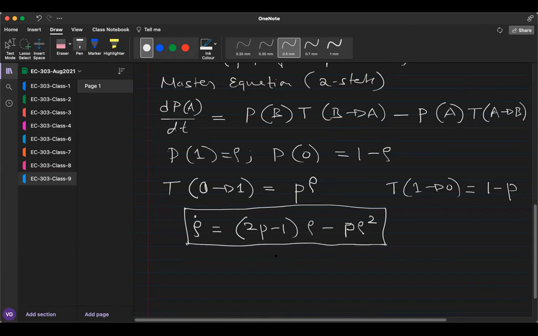So this is the mean field theory, or the mean field approximation, for the stochastic model.